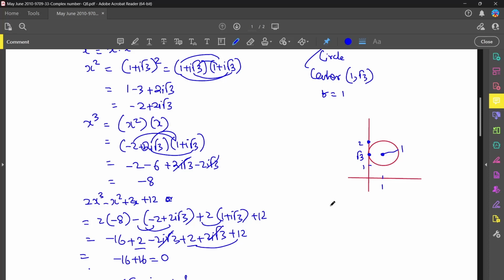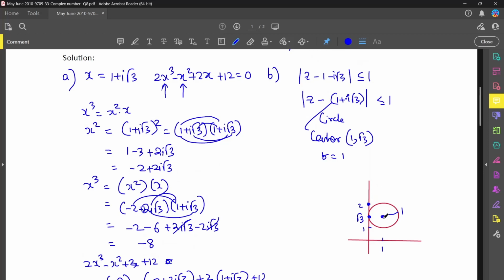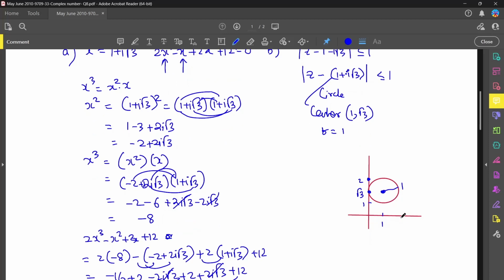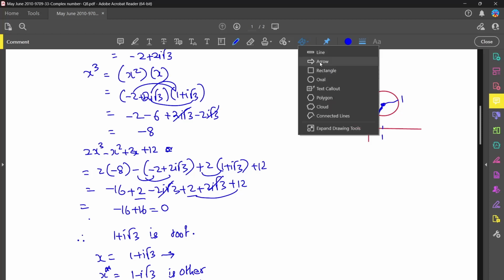Alright. So we are asked to draw the circle. The circle is drawn with the center 1 comma root 3. The radius is also already drawn there. We have to also draw an angle of pi by 3. So if you look at the argument of this complex number 1 comma root 3, it's nothing but pi by 3. So we can draw a line.